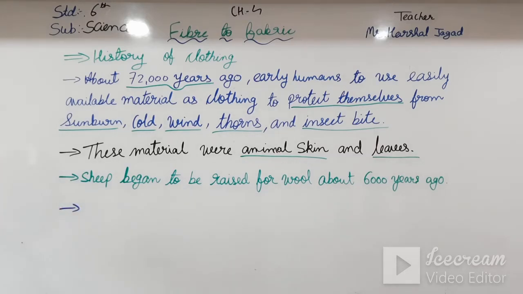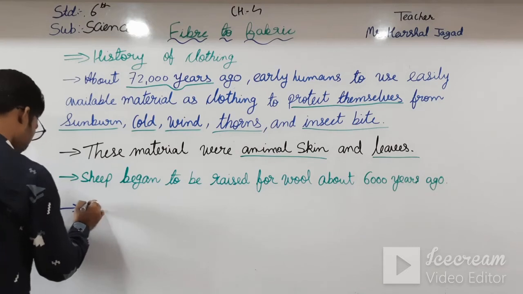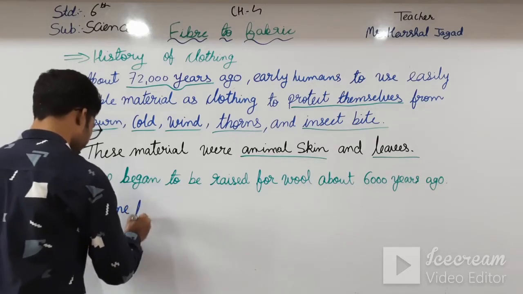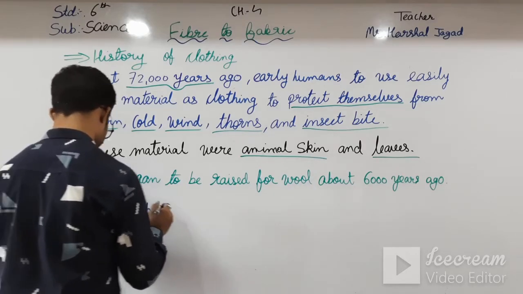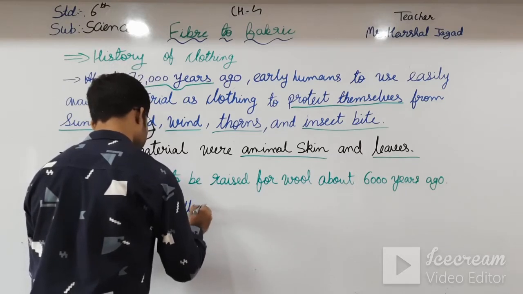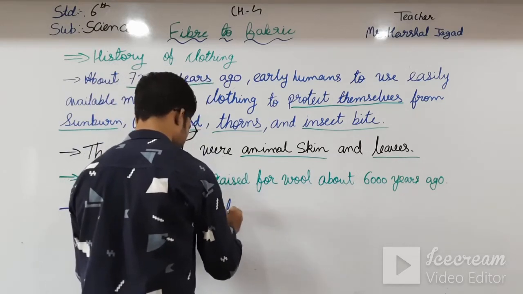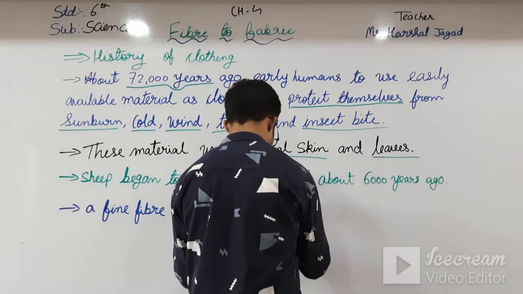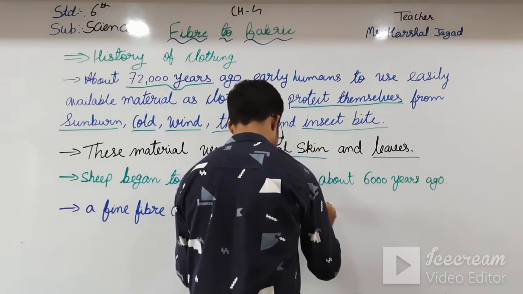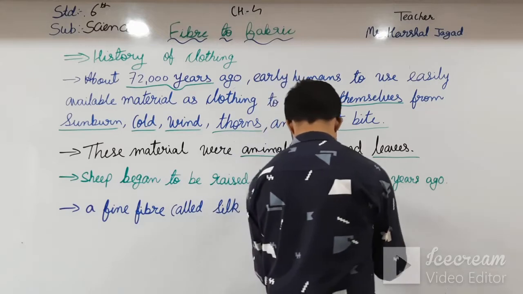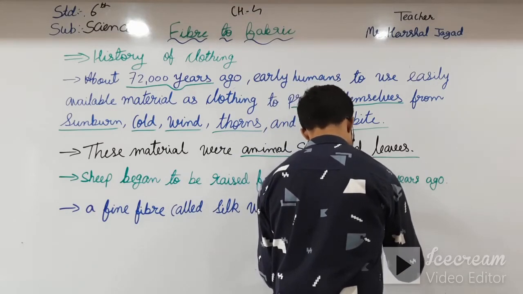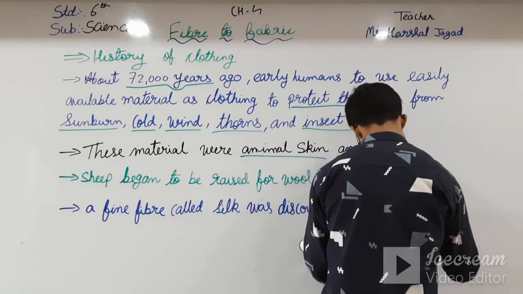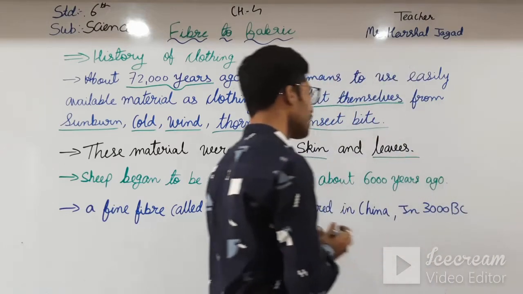A fine fiber called silk was discovered in China in 3000 BC, before Christ.